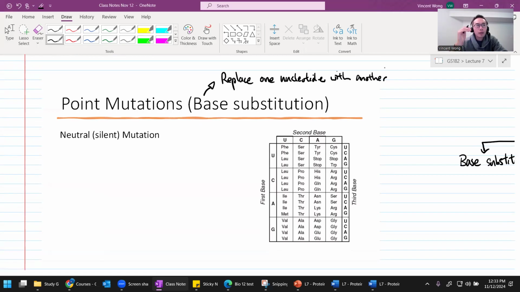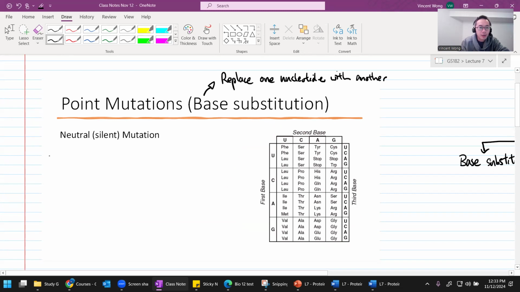Now, even though the mutation has to happen in the DNA for it to be permanent, I am going to give you an example in terms of what happens after transcription. So the mutation happens in DNA, and then we're going to look at the transcribed RNA sequence because it's easier for you to understand when you're first learning it. Keep in mind that the change actually happened in the DNA, but I'm just writing it here as an RNA for you to understand easier, and it's easier to look it up in the codon chart.